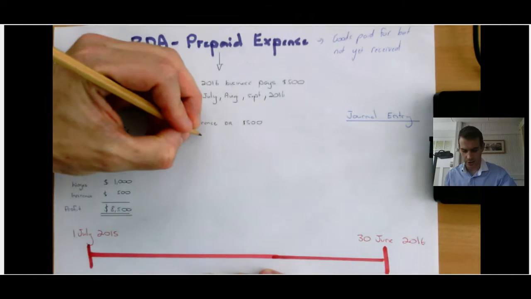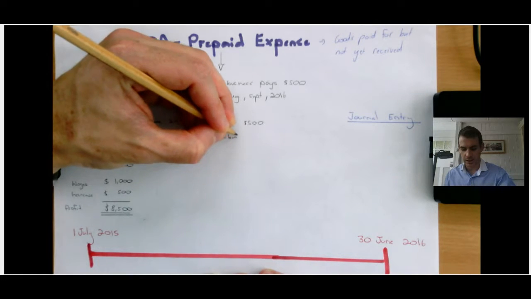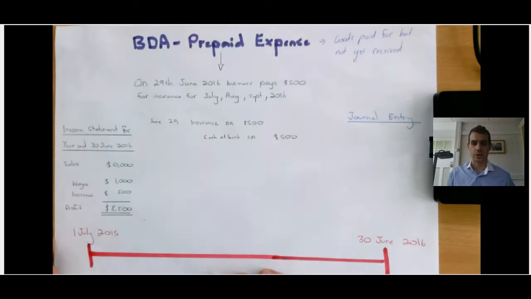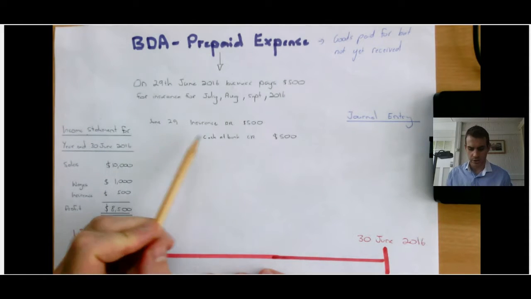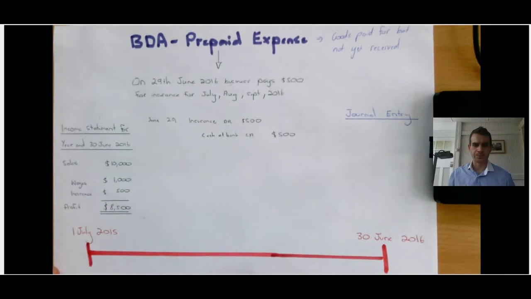The credit entry would be cash at bank, for $500. So this is the journal entry that would happen on June 29th, but there's a problem.